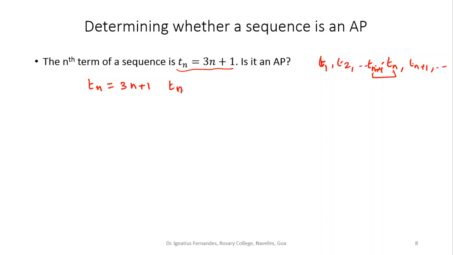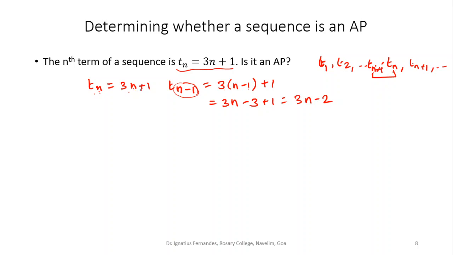So what we do is find tn minus 1. How will you find tn minus 1? Replace n by n minus 1. So it will be 3 into n minus 1, plus 1 as it is. So this is equal to 3n minus 3 plus 1, which is 3n minus 2.